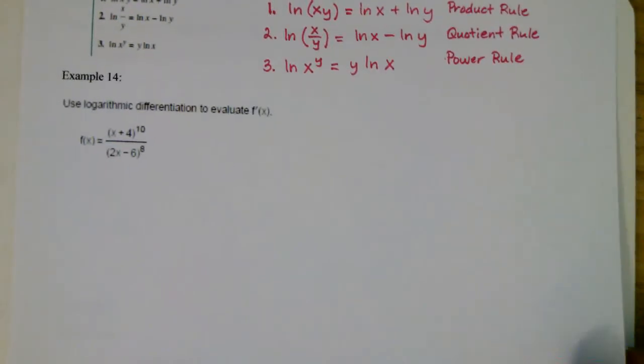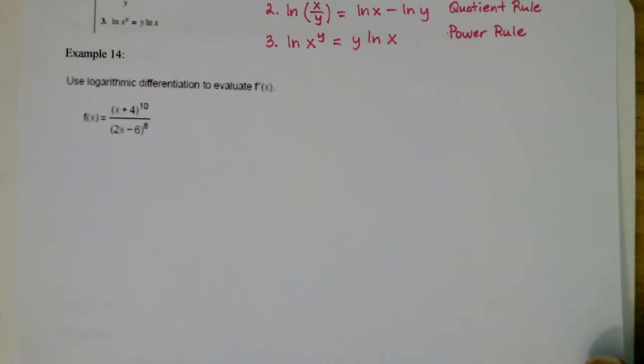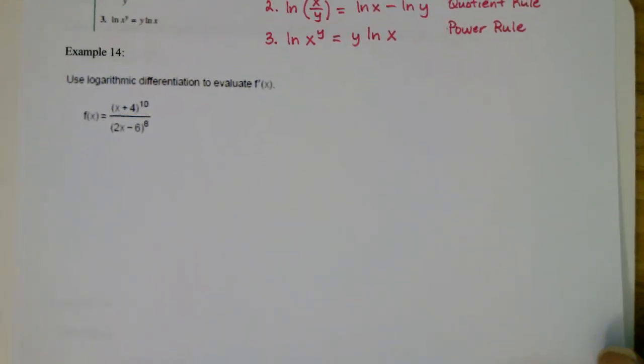And in this case here, we're going to use logarithmic differentiation to evaluate f prime of x. Okay, so here we got f of x is equal to x plus 4 raised to the 10th divided by 2x minus 6, that quantity raised to the 8th power.